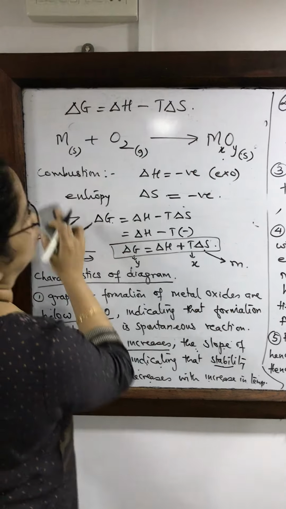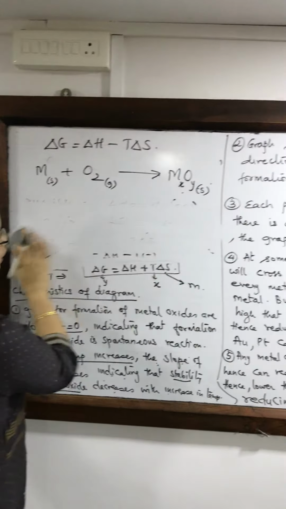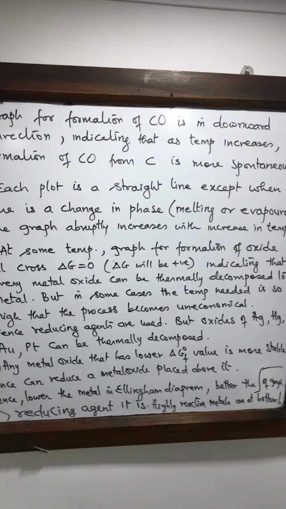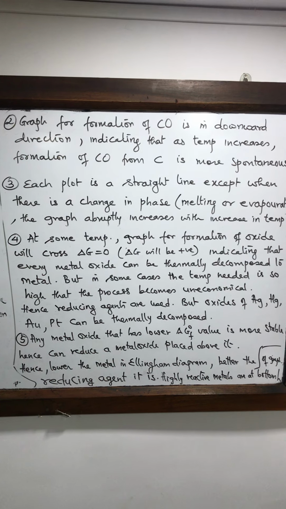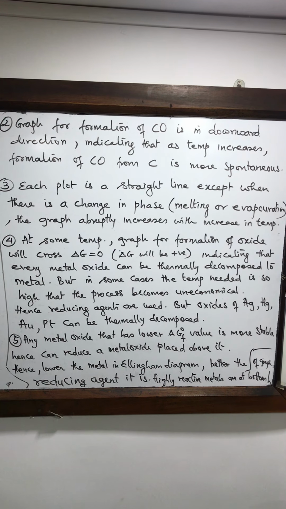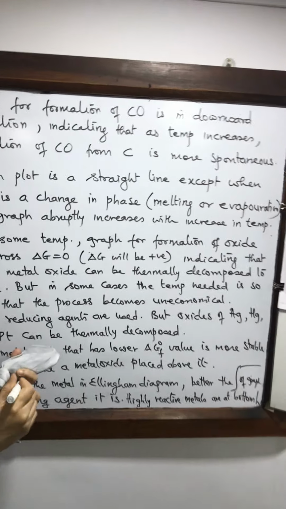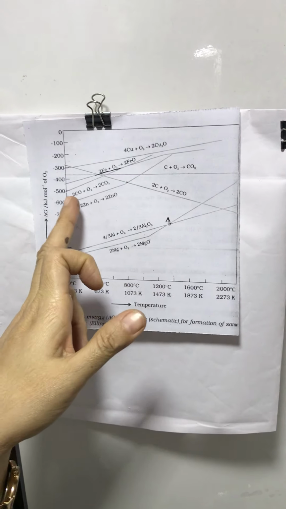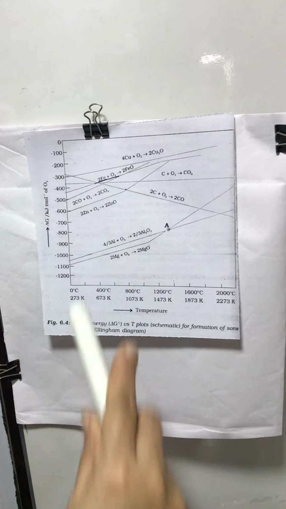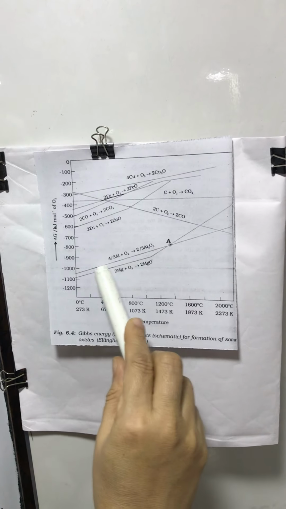Let us look at the second point. The graph for the formation of carbon monoxide is in the downward direction. Let us look at the graph again. If you look at this Ellingham diagram, then you will see all the graphs for the formation of metal oxides are in the upward direction. Magnesium plus oxygen is going up.